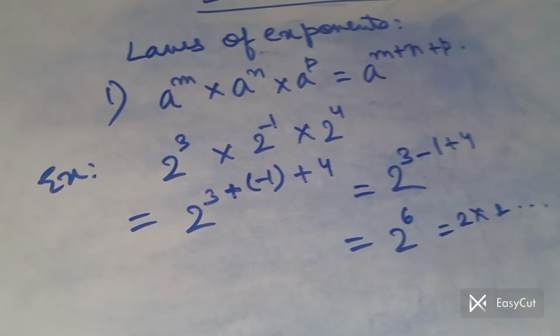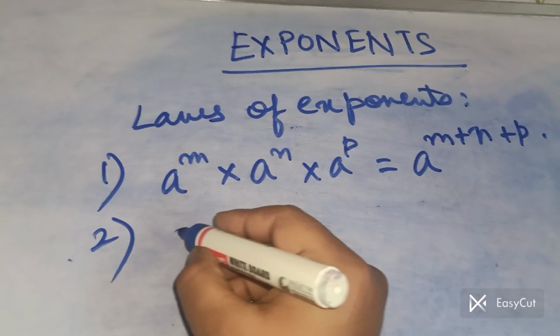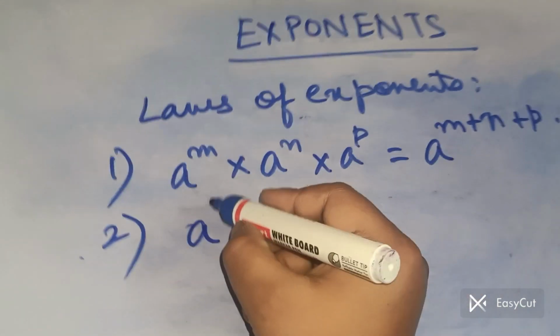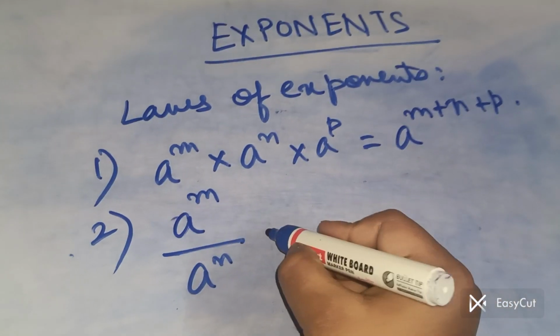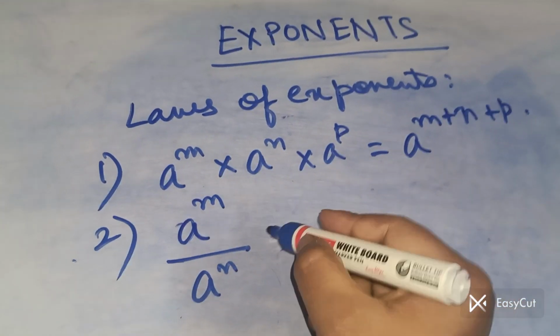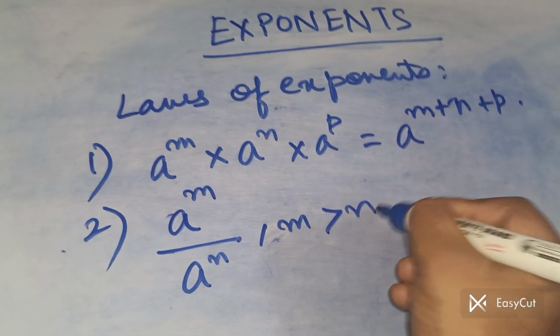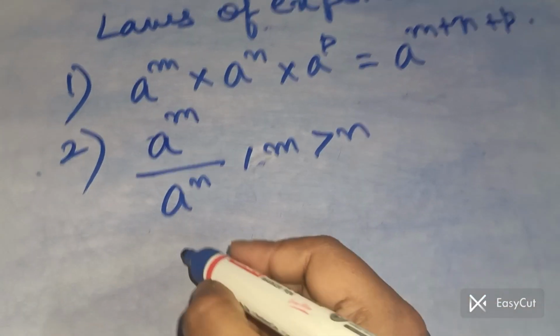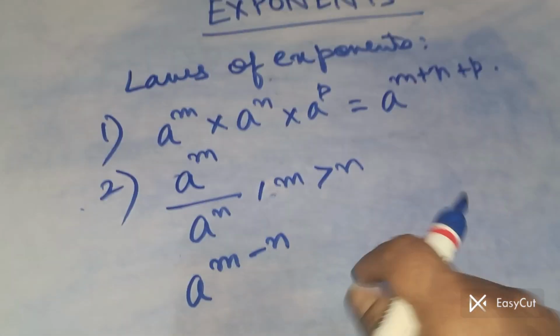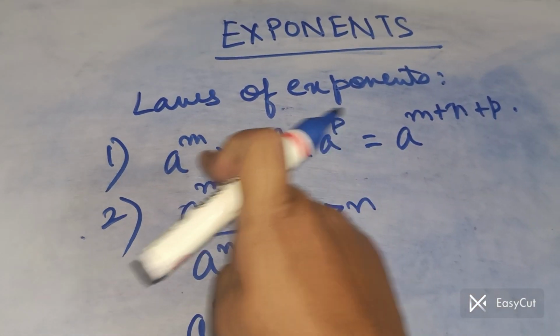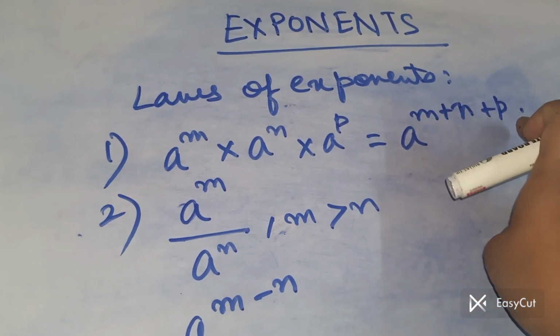Just discussed earlier. Now the next rule is, suppose you are dividing a to the power m by a to the power n, where of course m should be greater than n, then we write it as a to the power m minus n. When the bases are the same and we are multiplying, we add the powers.